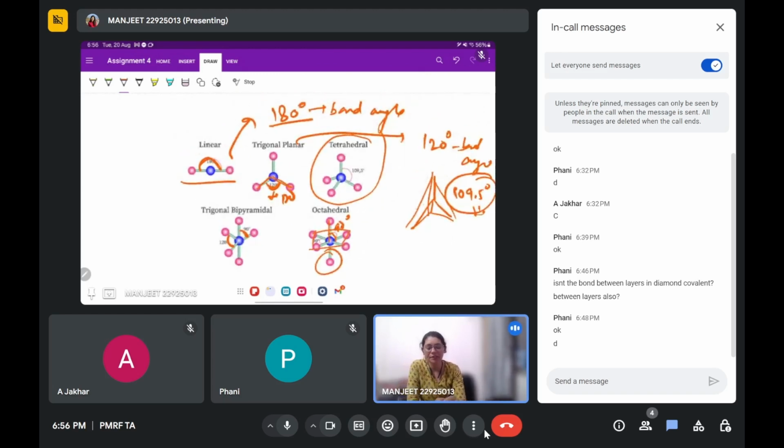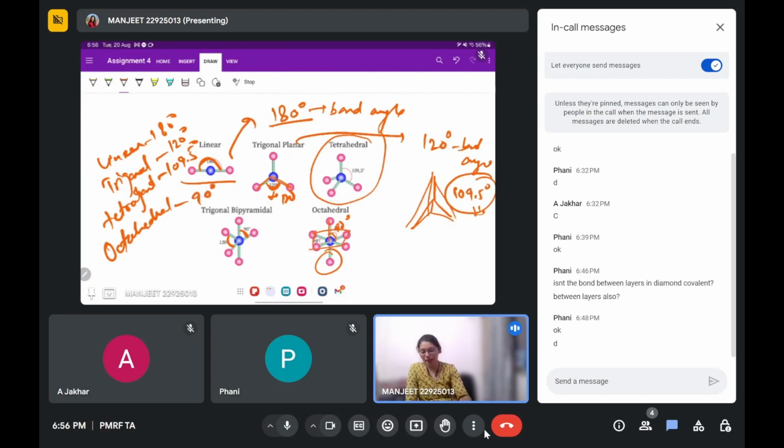So the linear is having 180 degrees, trigonal is having 120 degrees, tetrahedral is having 109.5 degrees, and the octahedral is having 90 degrees.